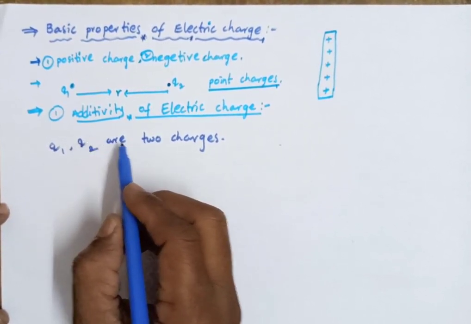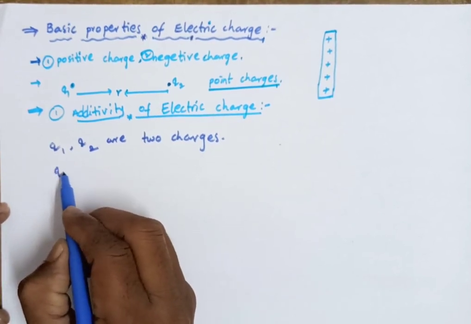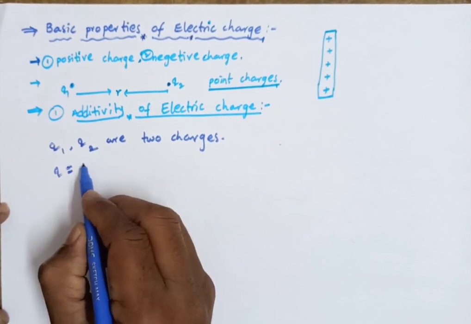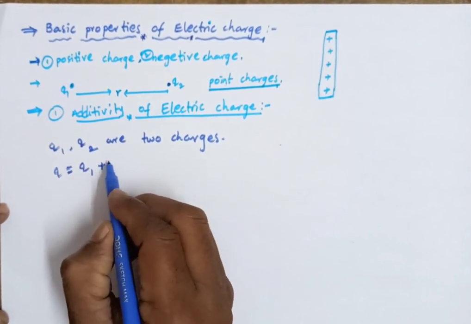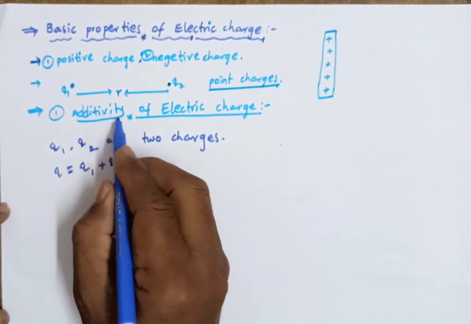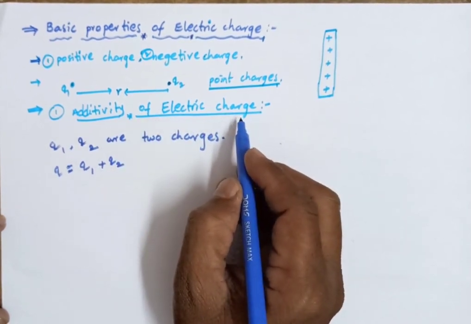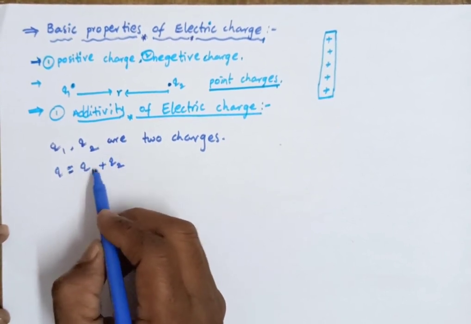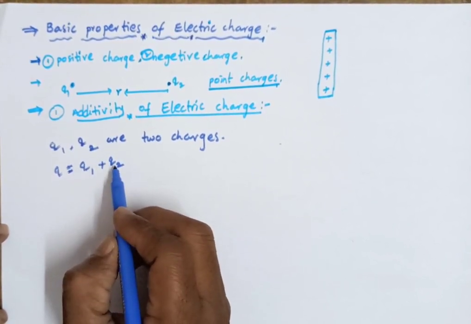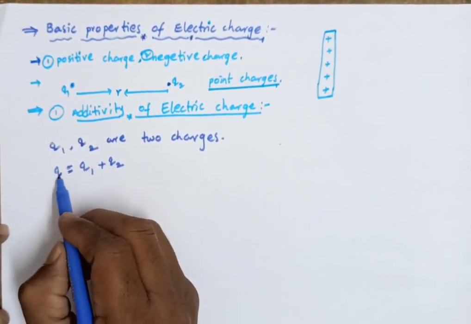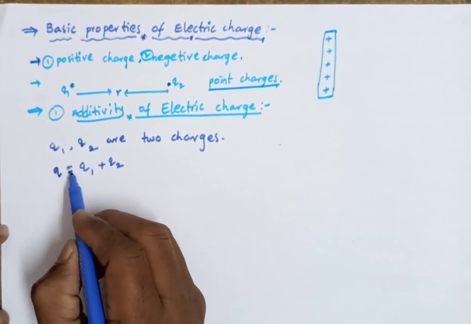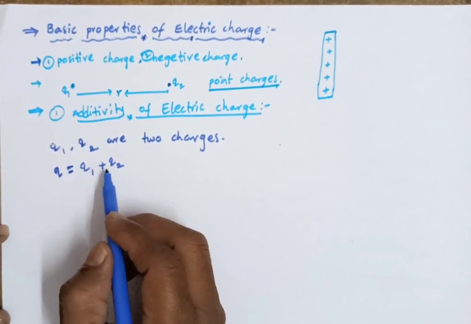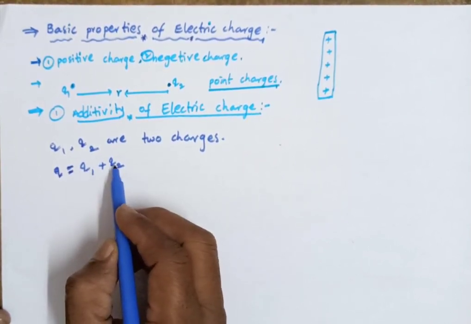Then the total charge of the system is q, which we define as the algebraic sum of these two charges. So it is called the additivity of electric charge: q equals q1 plus q2, whether positive or negative.